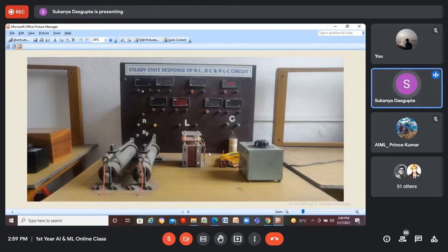This is nothing but a transformer, a core type transformer that has two windings, primary and secondary, means it is having coils or windings that could be used as the inductor or inductive coil. Because the transformer is nothing but a coil. Since two coils are required here, we apply the concept of mutual inductance.